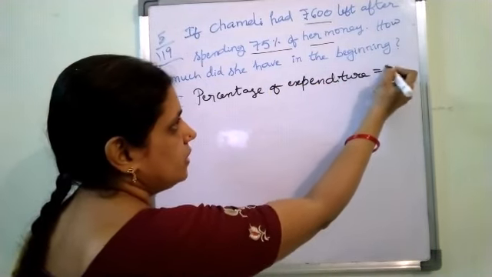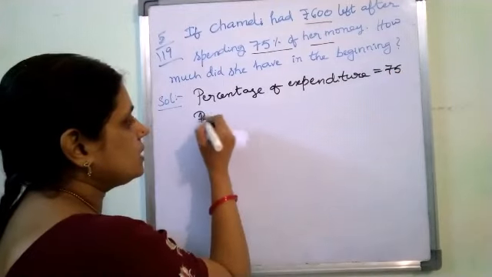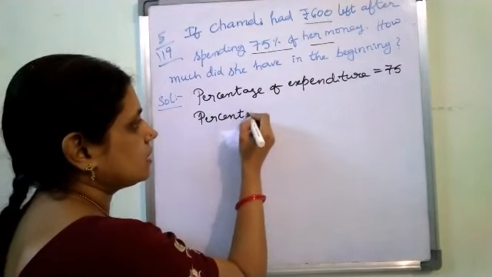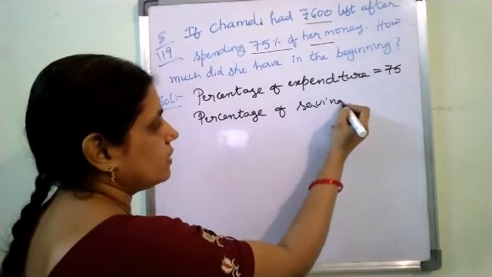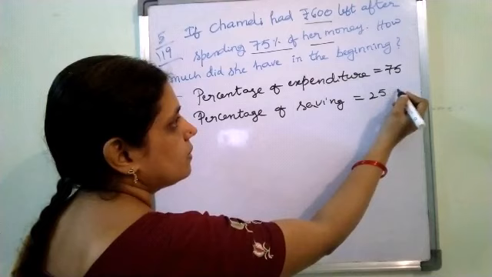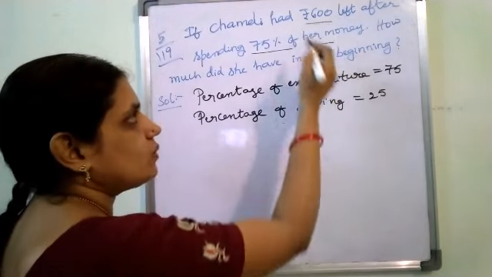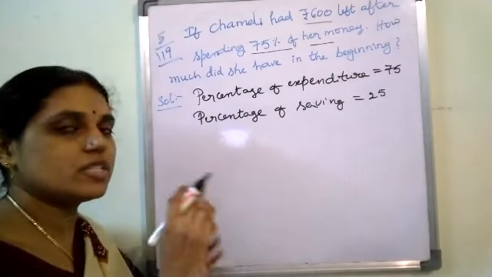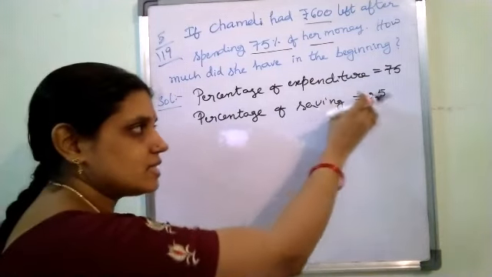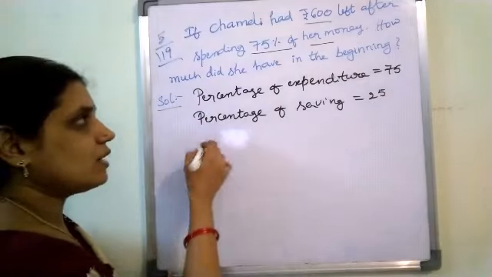Expenditure is equal to 75. So what is the percentage of savings? Percentage of saving is equal to 25%. Okay. So here what is the saving amount? 600 rupees. Okay, 600 rupees she saved, and the percentage is 25. So how can we write? And what is the total amount?